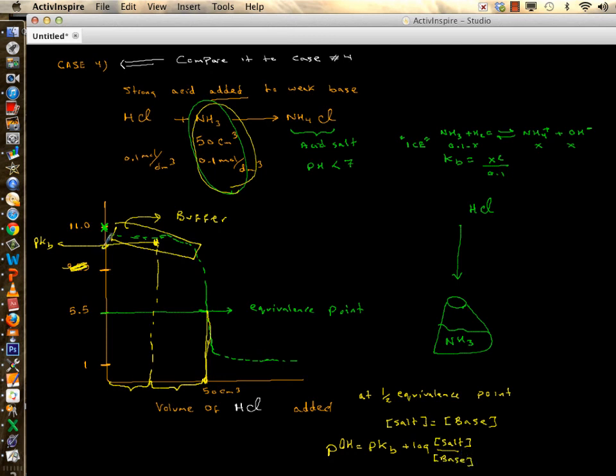And at this point, these two terms are equal to each other, and the log goes away, and pOH is equal to pKb. Now, if you don't mind, just compare it to case number 2, and you see what I have changed. The order of adding has been reversed, and something important comes to life. Good luck.